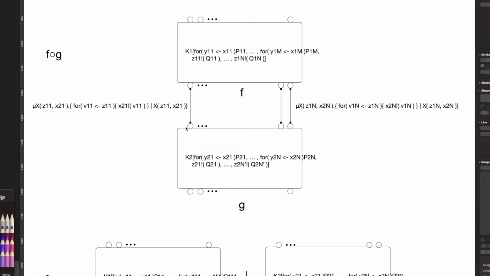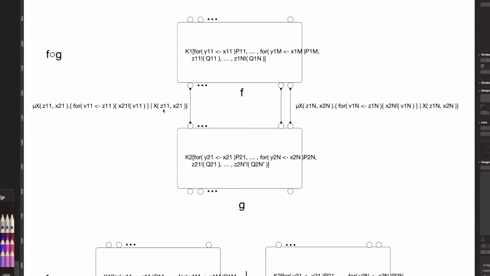So if what's coming out is on the Z, we need to pick that up in some for comprehension and forward it along on the X. If we're using X's for inputs and Z's for outputs, then we pick up the Z, so that would be Z11, and we forward it along to X21. So if this is X21 here for G, we're going to forward that along.